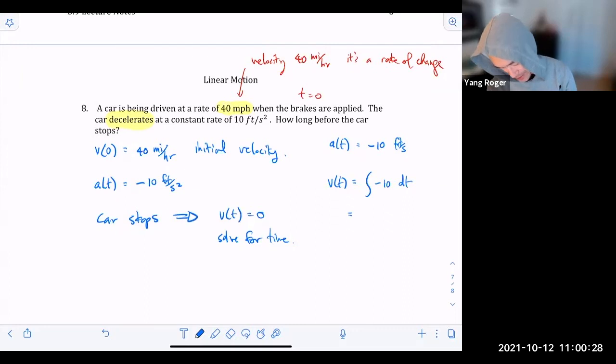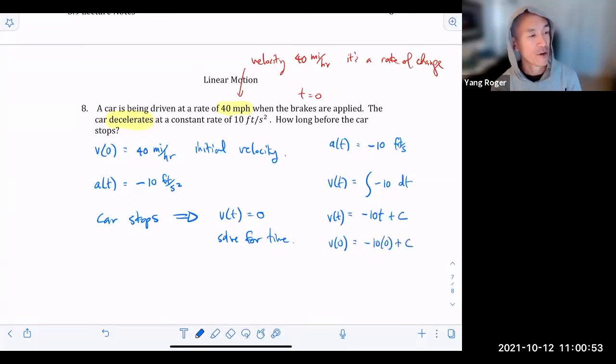So the antiderivative of this should be what? It should be -10t plus c. And now I need to find out what c is. But I know the initial velocity, right? If I know the initial velocity, and this is v of t, I could plug in v of 0, and I would get -10 times 0 plus c.